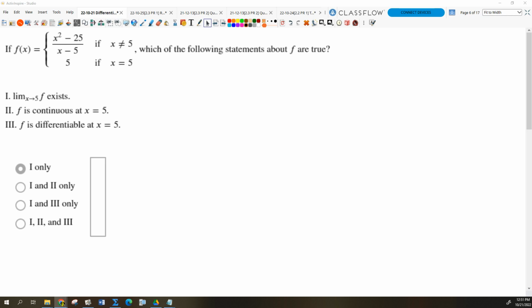So for part 1, if we take the limit of f of x as x approaches 5, that is equal to the limit of x squared minus 25 over x minus 5 as x approaches 5. That's indeterminate, right? But how do I resolve that? Factor the top.